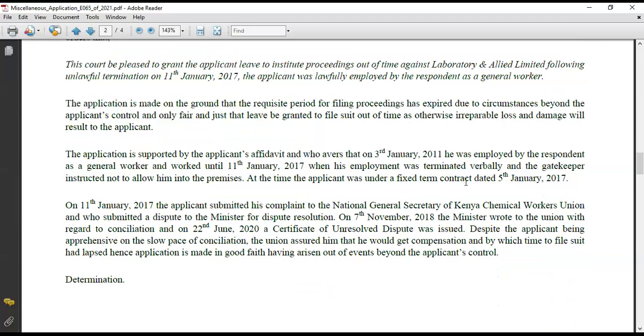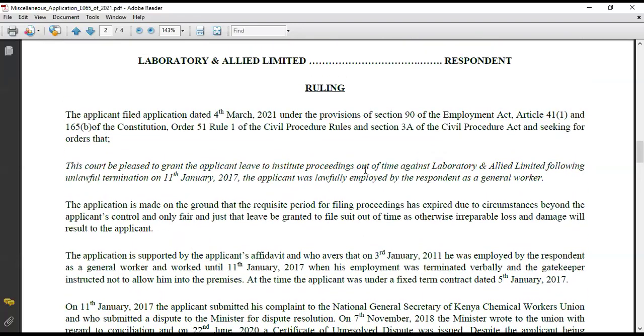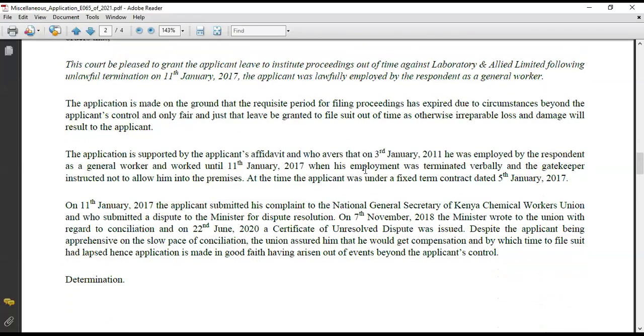His employment was terminated verbally and the gatekeeper was instructed not to allow him into the premises on 11th January 2017. So he ought to have brought the case by 11th January 2020. But he did not do so.